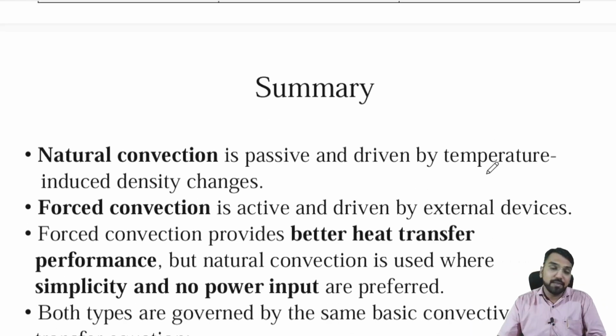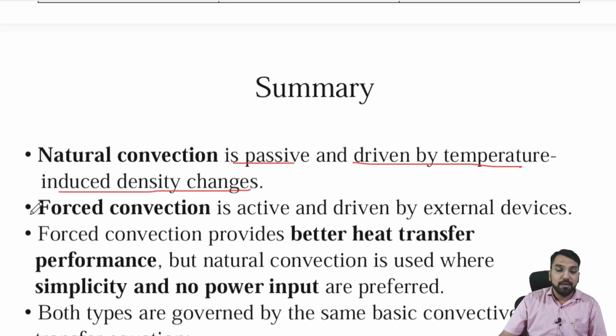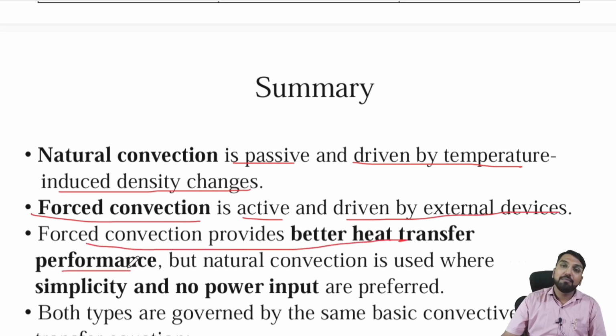So, summary of this lecture: natural convection is passive and driven by temperature and density changes. Forced convection is active and driven by external devices. Forced convection provides better heat transfer performance, which means we can achieve a higher heat transfer rate, so wherever we have to extract heat in a very quick manner, we use forced convection.